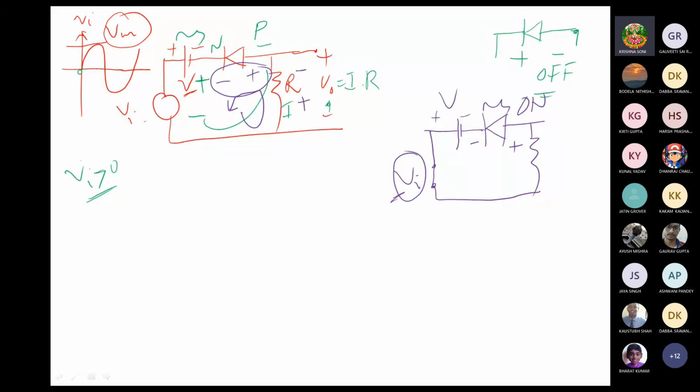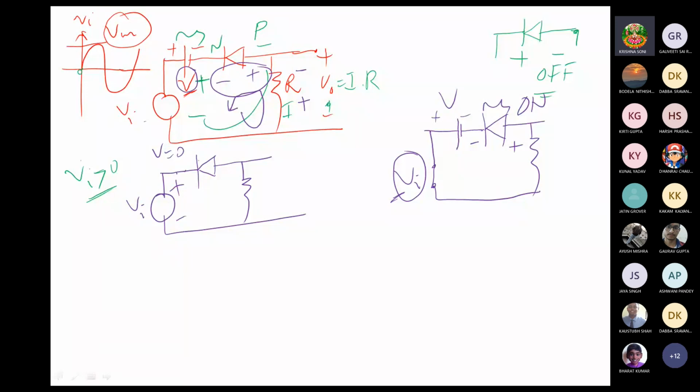In the earlier case, we removed the voltage V in the first case. Let me draw that also here for more clarity. In the earlier case, we assumed that V is equal to 0 and looked at what happens when the input voltage is changing.